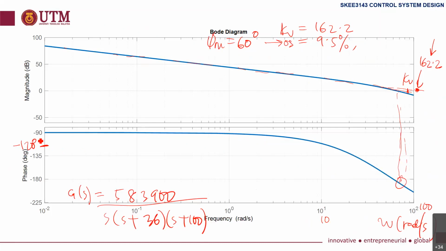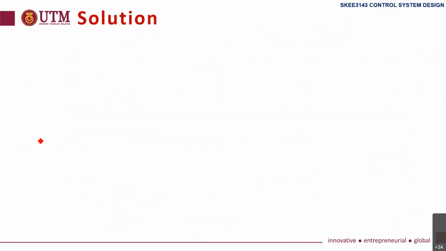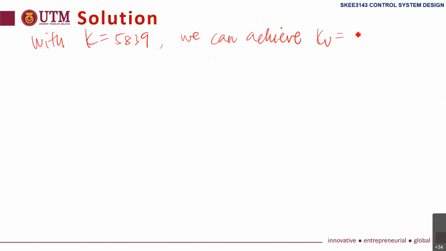With K 5839, we can achieve Kv equal to 162.2. I will write what I explained just now.